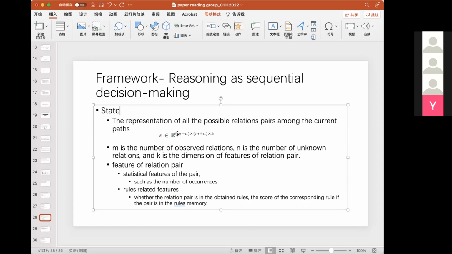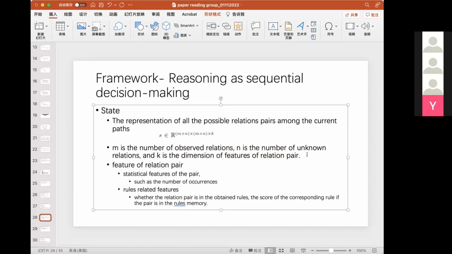So it will become an m plus n multiplied by m plus n multiplied by k matrix. Here n is the number of observed relations, m is the number of unknown relations, and k is the dimension of features of relational pairs.